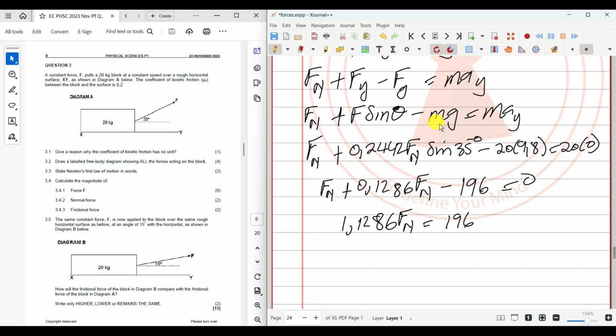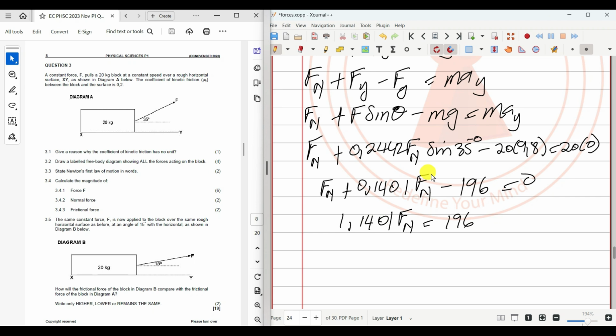Perfect. So let's see now. We said 0.2442 sine 35 is, aha, you see, perfect. So this is 0.1401. Then this part here becomes 1.1401 F sub n.